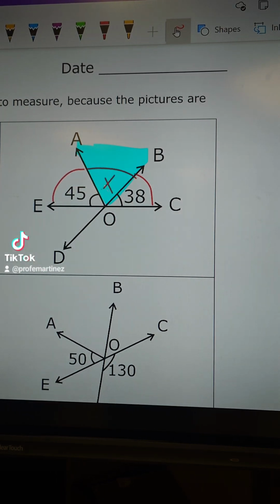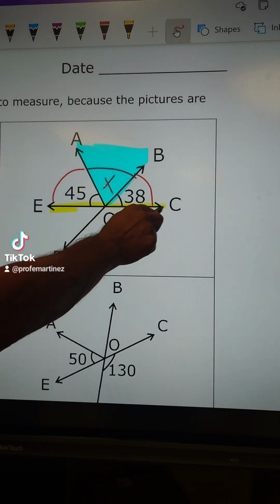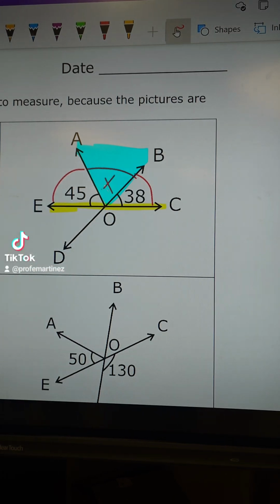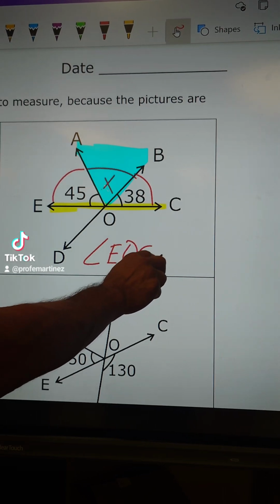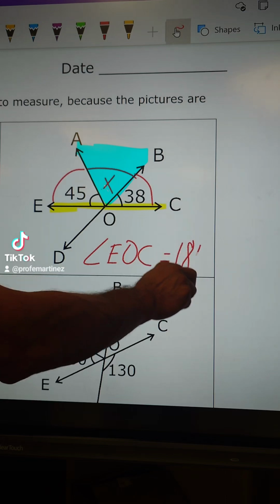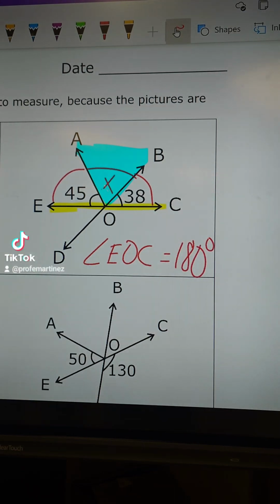But we know altogether those three angles make this straight line here. And so we know also that a straight line has 180 degrees. And so angle EOC is equal to 180 degrees.